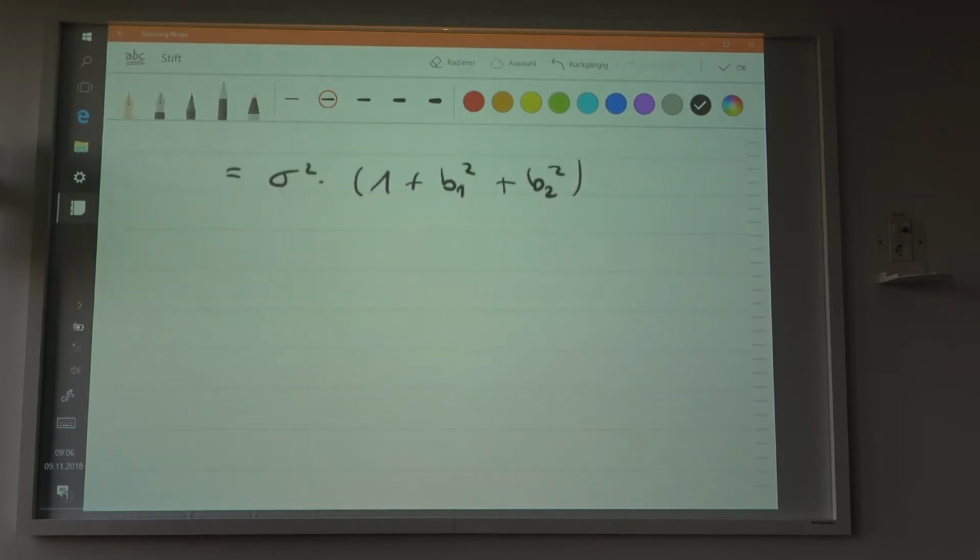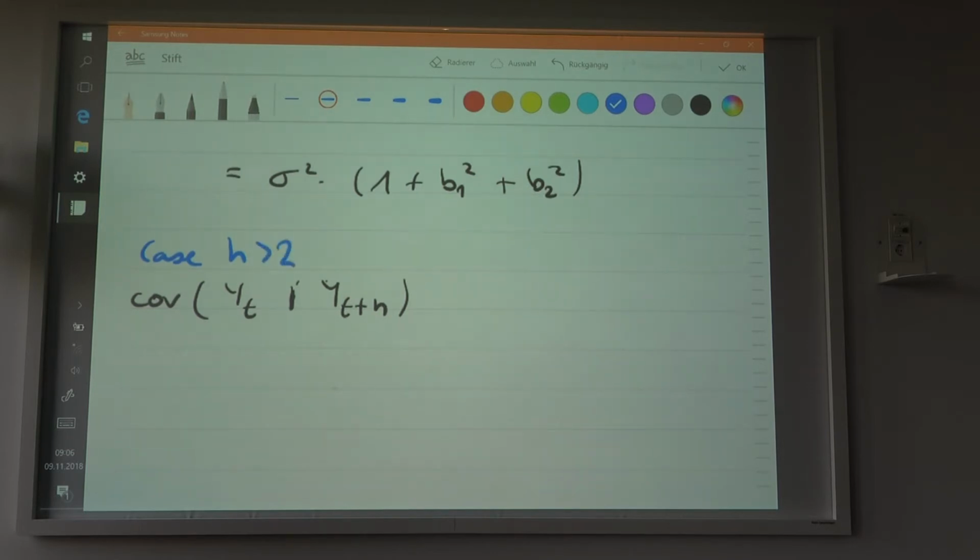Now, if you look at the autocovariance, so y_t and y_(t+h), there are two cases we need to consider. The first case, and this is what you need to generalize, is that h is greater than 2.